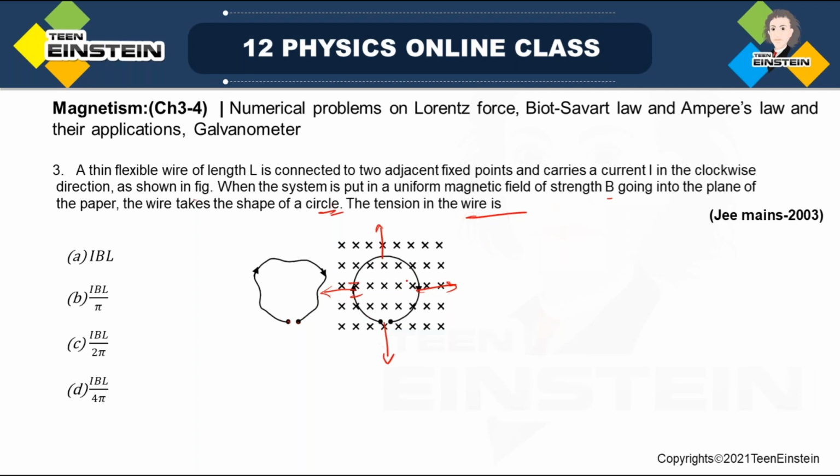So you have to find out what is that tension which is balancing this outward force after a certain radius of this circle, such that the magnetic forces, which will be radially outward, are balanced. So you have to find out the tension.